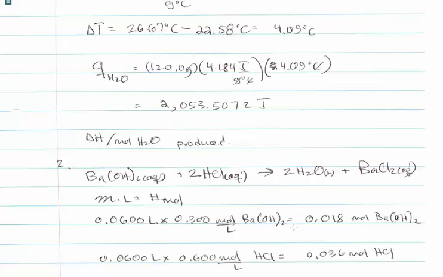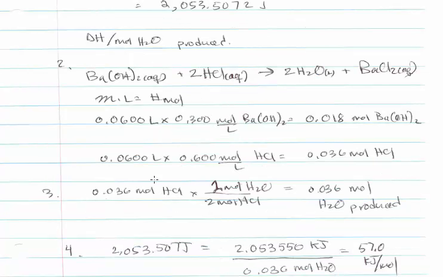So looking at the amounts that I am given, I see that I have exactly twice as many moles of hydrochloric acid as I do barium hydroxide. This is important because it means I don't have a limiting reactant. Now, because this is a 1-to-1 mole ratio of hydrochloric acid to water, once I know how many moles of hydrochloric acid have reacted, then I know how many moles of water have formed.